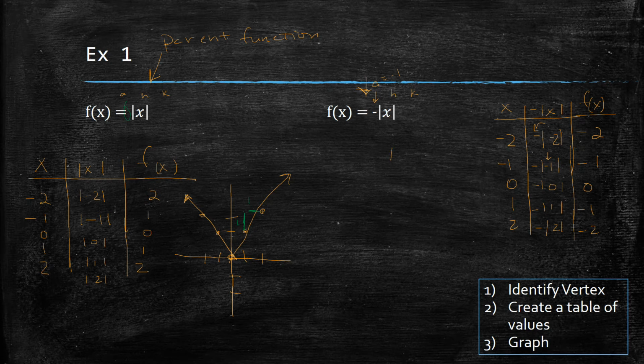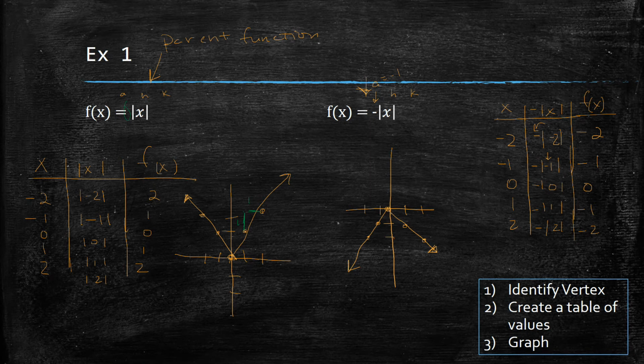So we have the same pattern that we had with the parent function, except for now, it's going in the opposite direction. So at -2, it's -2. At -1, -1, 0 at the origin, +1, -1, +2, -2. Okay, so now instead of opening towards the top, it's opening down towards the bottom there.